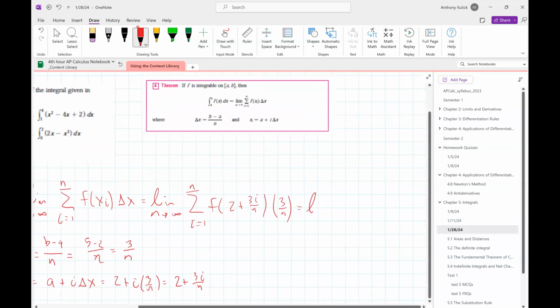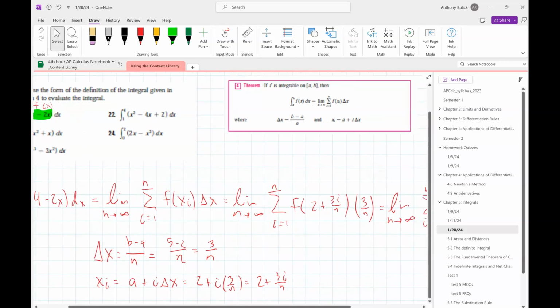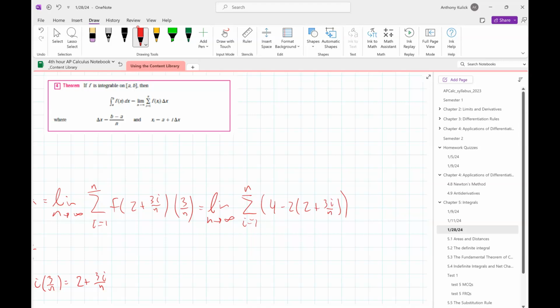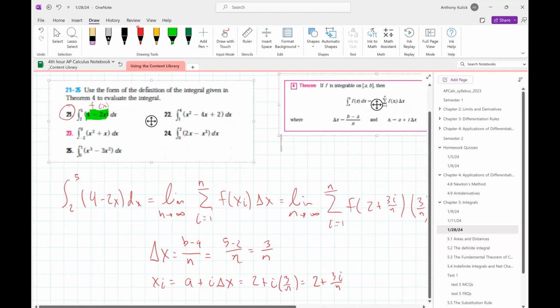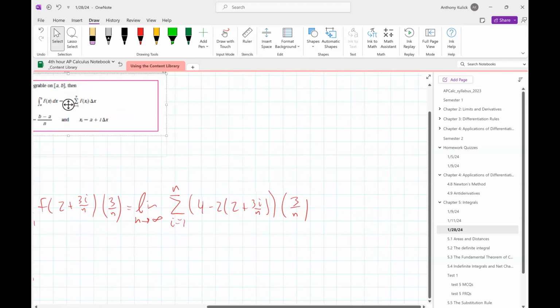So we'll say this again then as the limit as n goes to infinity of the sum i equals 1 to n of 4 minus 2 times 2 plus 3i over n times 3 over n. So far, so good. The f of x is 4 minus 2x. So I just plugged the 2 plus 3i over n into the x.